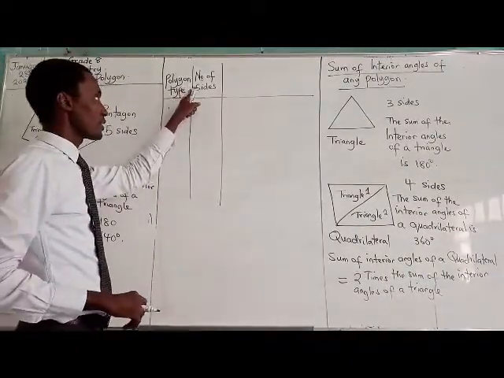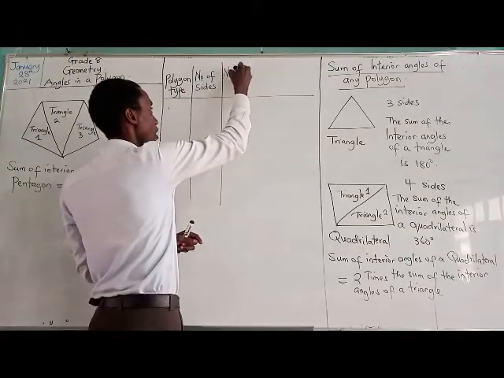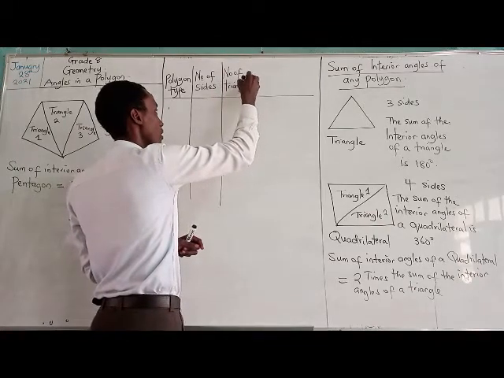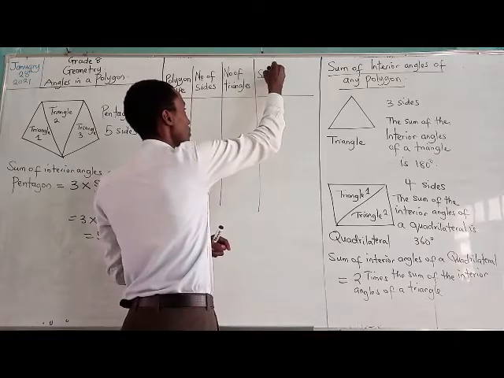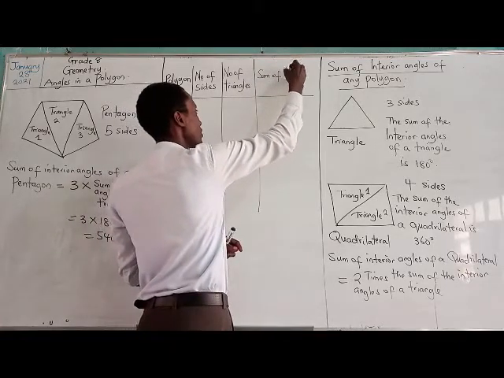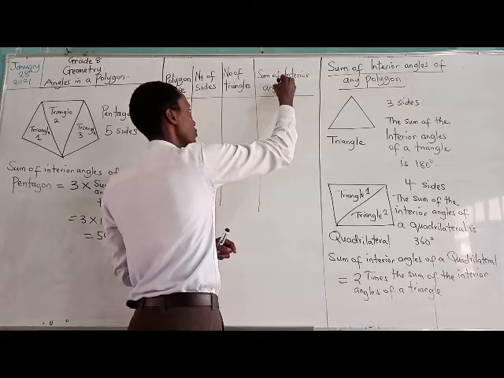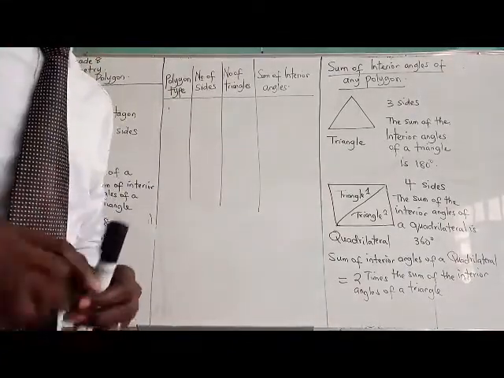Polygon type, number of sides, number of triangles, sum of interior angles.